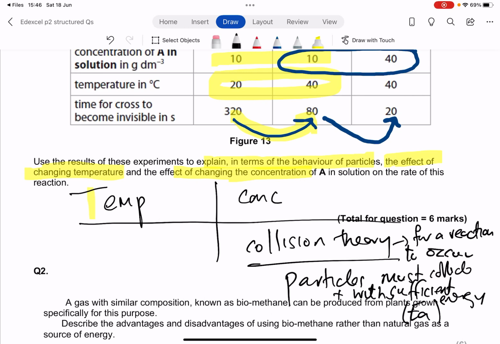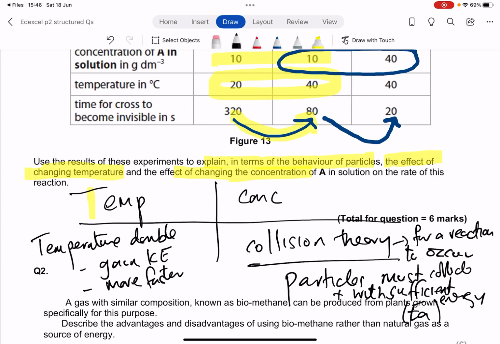So let's take each experiment at a time. Experiment 1 to 2, temperature increased. When temperature increases, there is no change in concentration, so the number of particles in solution is the same. Particles gain kinetic energy. When particles gain kinetic energy, particles move faster, and we will say they collide more often.